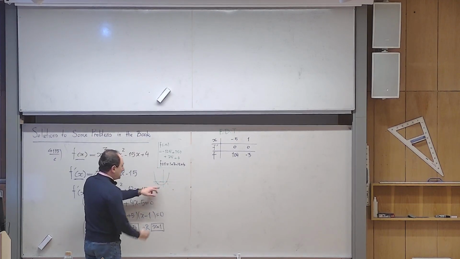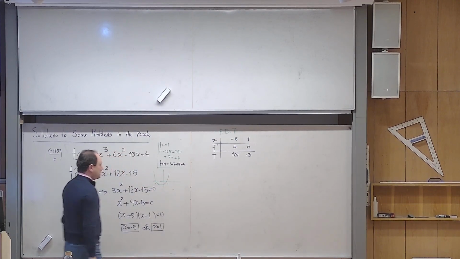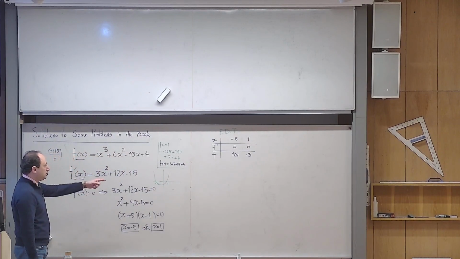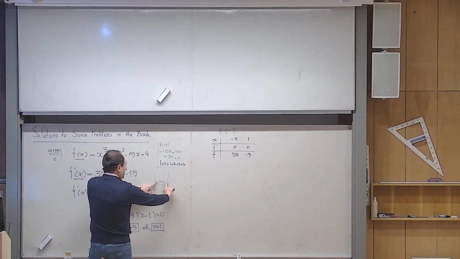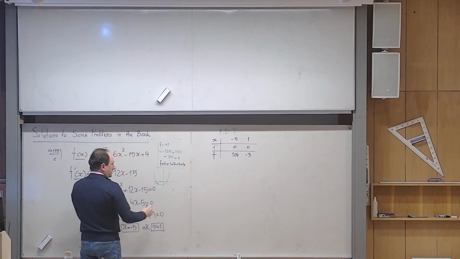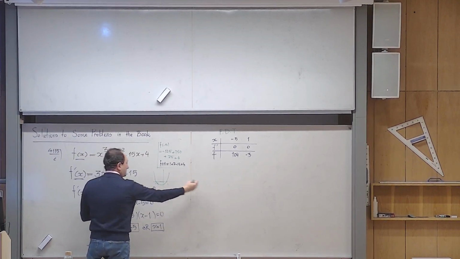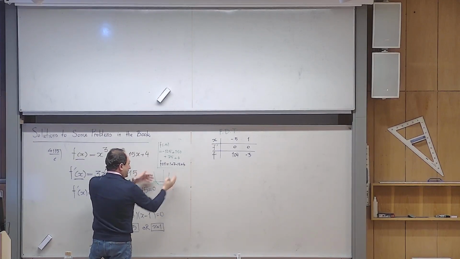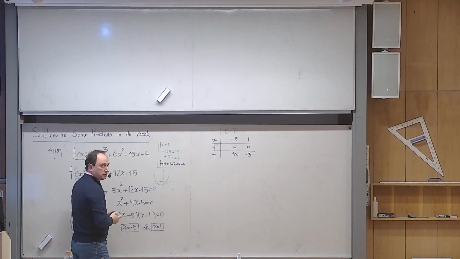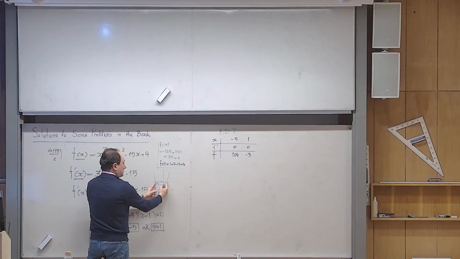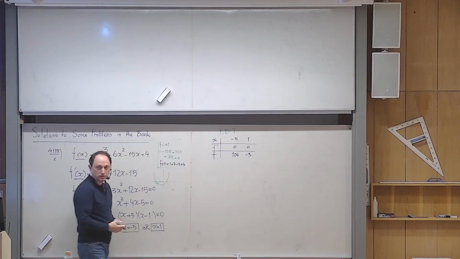I don't need to be precise about where that is, but that is enough. Then you immediately see that on the other sides of this, meaning smaller than -5 or greater than 1, the graph is above the x-axis. And between -5 and 1, the graph is below the x-axis.